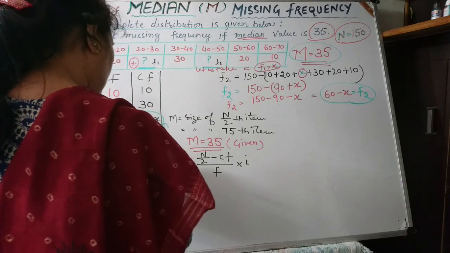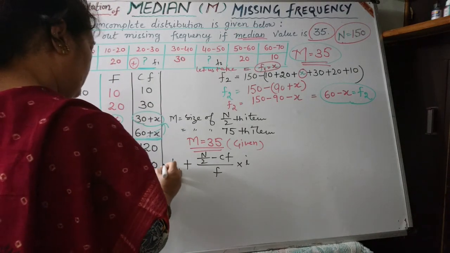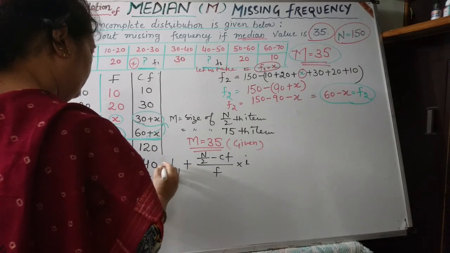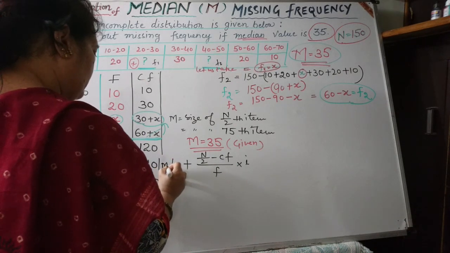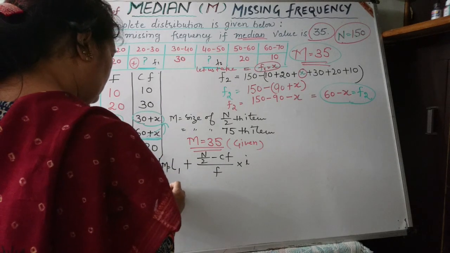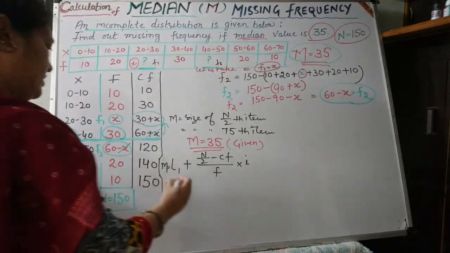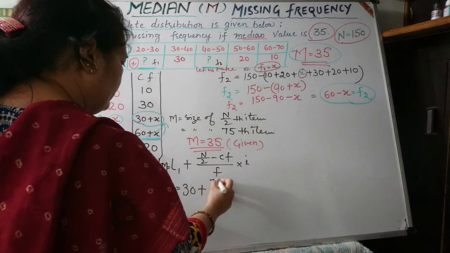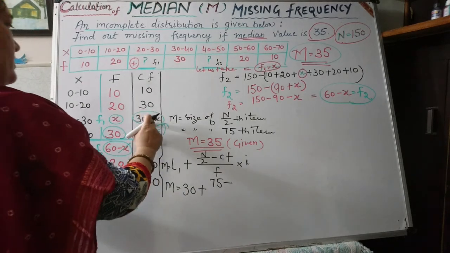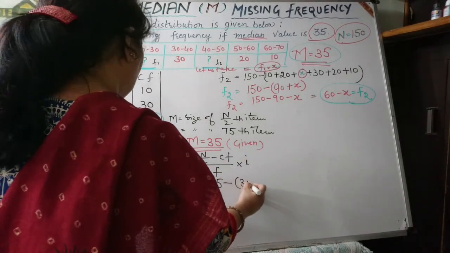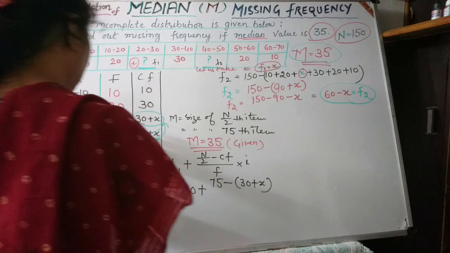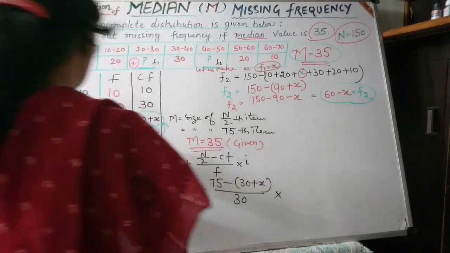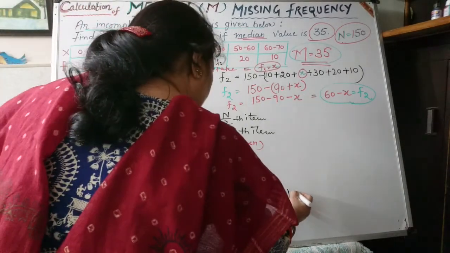So median is equal to lower limit 30 plus N by 2 is 75 minus the previous cumulative frequency, which is 30 plus x, divided by the frequency 30, and equal class interval, that is 10.